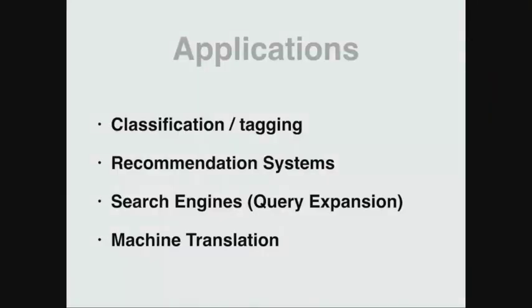So I'm just mentioning a few examples of applications: classification, recommender systems, search engines, so you type in your query and then the engine understands your query, machine translation, and then many, many more. So really anything about NLP can benefit from the use of word embeddings.